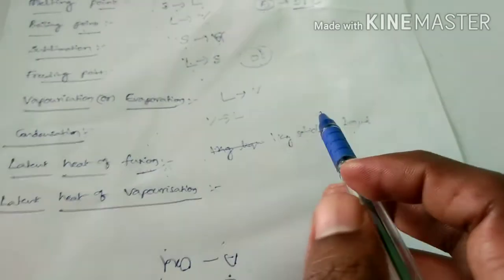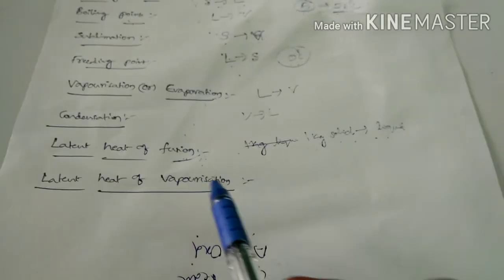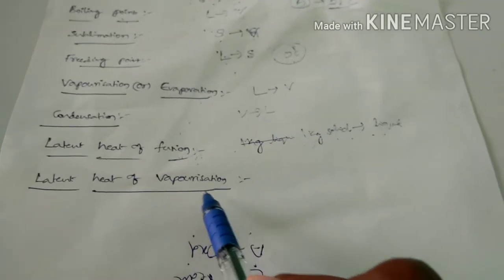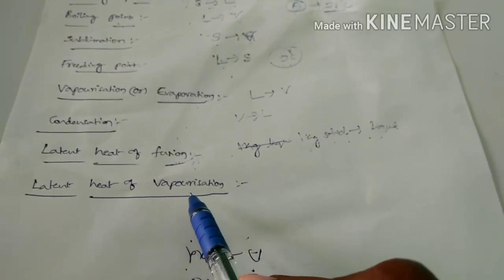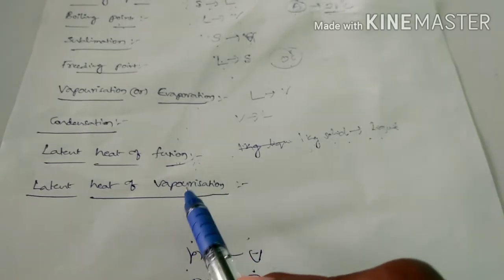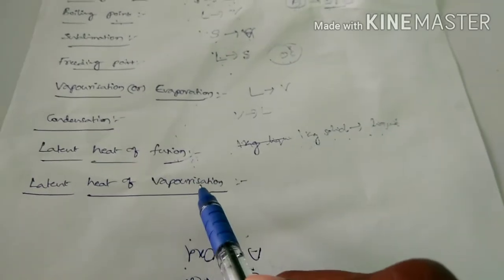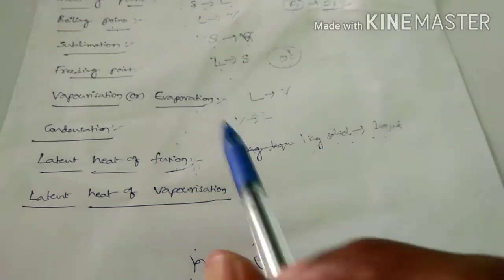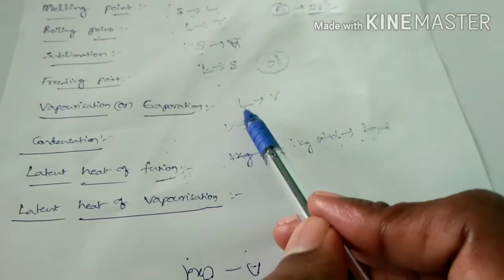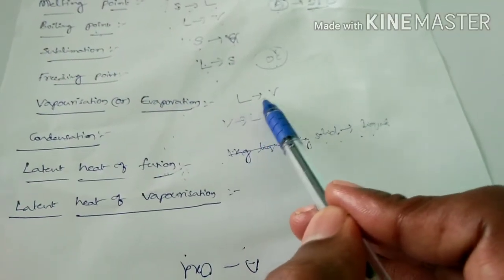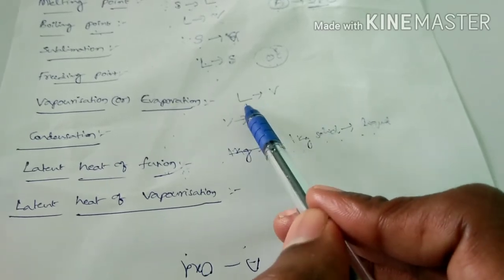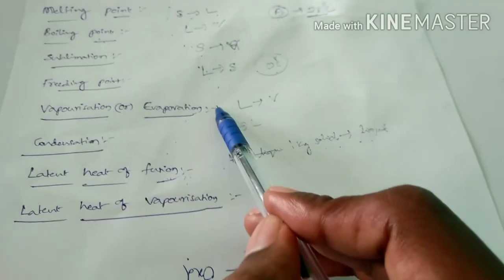Next, one more definition, that is latent heat of vaporization. Just now, few minutes back, we discussed about vaporization definition. Vaporization means the process in which liquid is converted into vapor is called vaporization or evaporation.